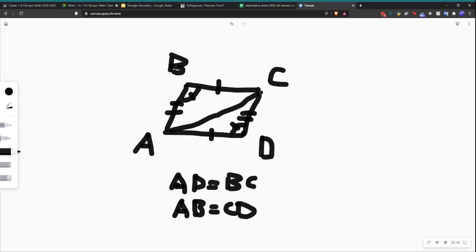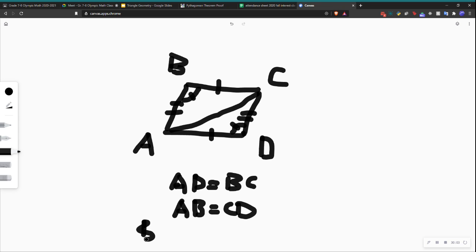And what about the third side length? Notice that the third side length is just the diagonal, and both triangles share that diagonal. So both triangles have side length AC, which means the side lengths of these two triangles are equal to each other.